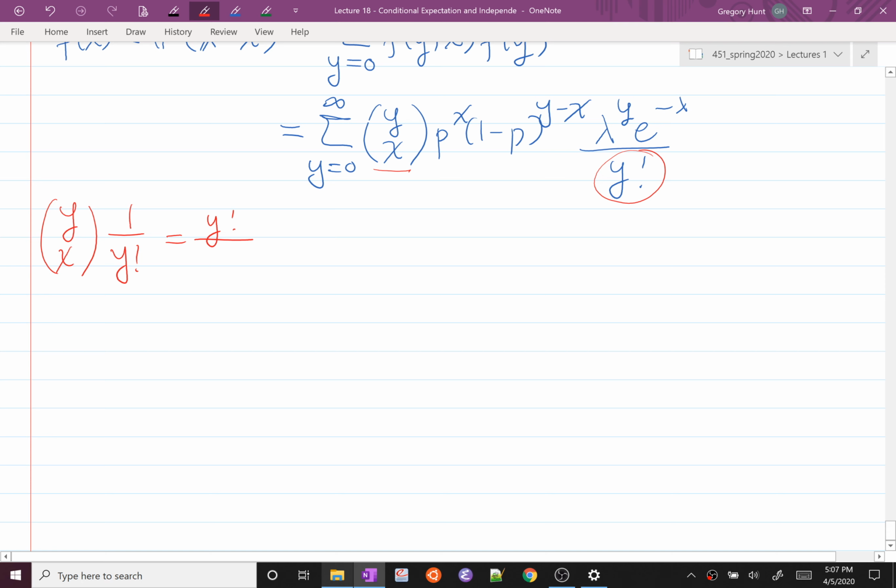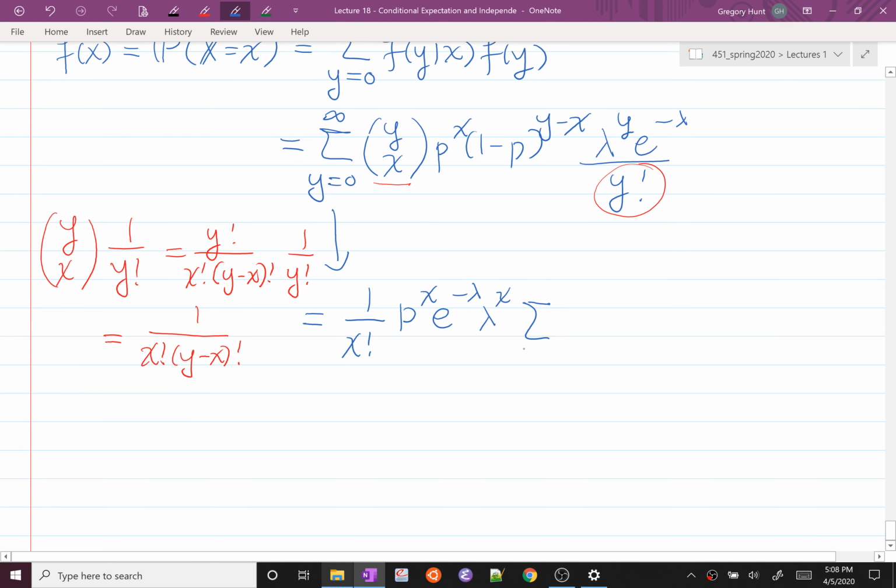So let's pull everything out of our sum. So the x factorial comes out. P to the x doesn't depend on y. E to the negative lambda doesn't depend on y. And we can also factor out a lambda to the x. If I do that, I need to multiply by a lambda to the negative x. So what are we left with?